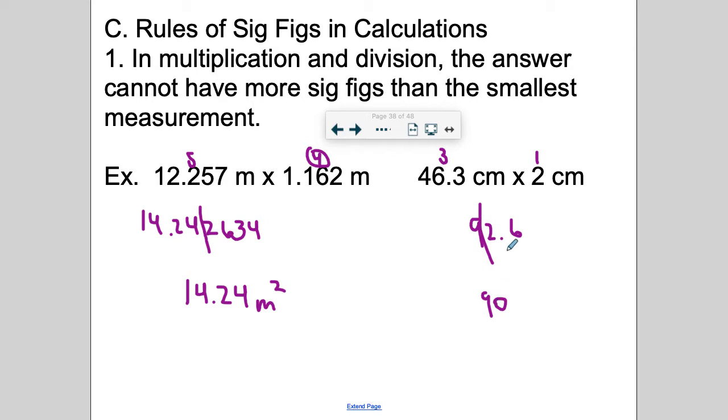I need a 0 there for that place value. If you put 9, you're wrong. I mean, 9 is not close to 92. So your answer is going to be 90. So I got 1 sig fig. That 0 doesn't count. And then what's your unit? Centimeters squared. This just sounds more inaccurate. Yeah, it does. That's the way it is. Well, that 2 is inaccurate. Who made this? I don't know.